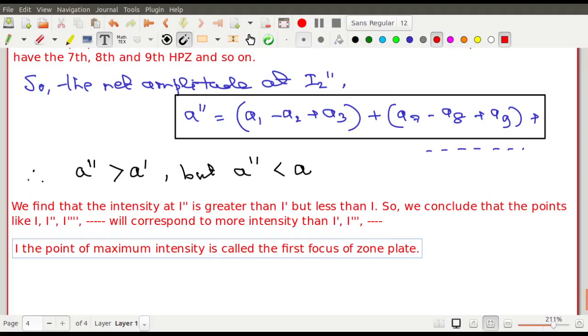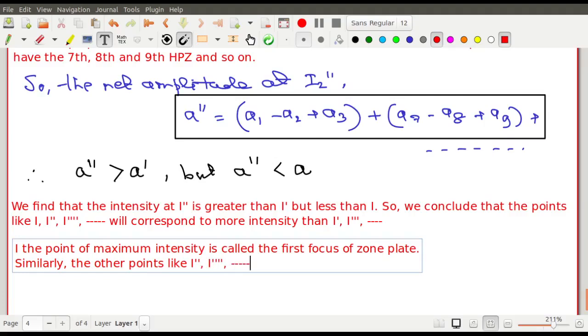This is called the first focus. And now similarly the other points like I double dashed, I quadra dashed, dot. Who are they?